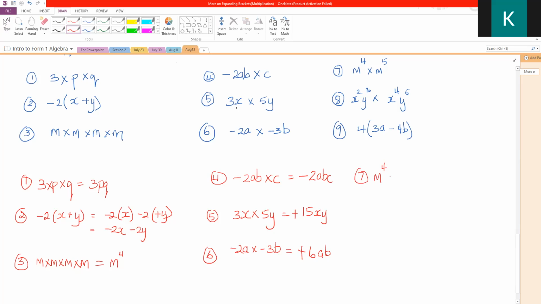Number 7, sorry, m to the power 4 multiplied by m to the power 5. They're both m's. So we add the powers. 9, right? 4 plus 5 is going to give us 9. Just write that. See it very clearly.